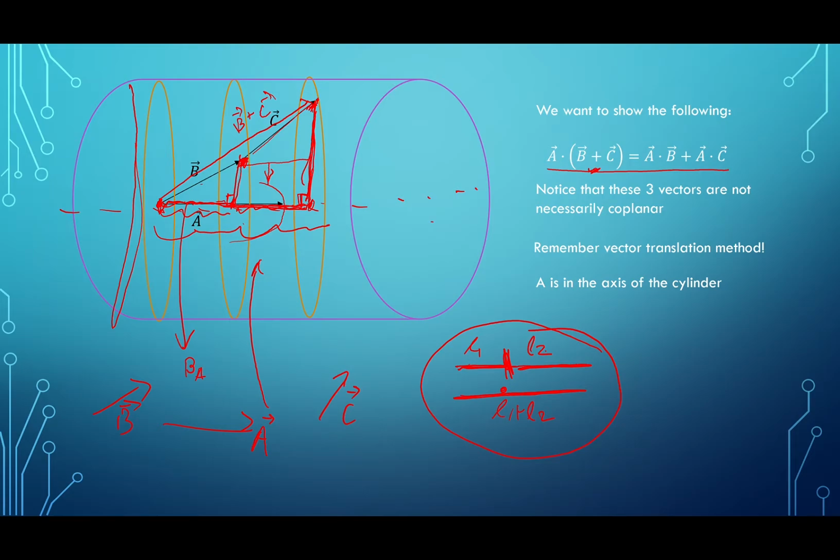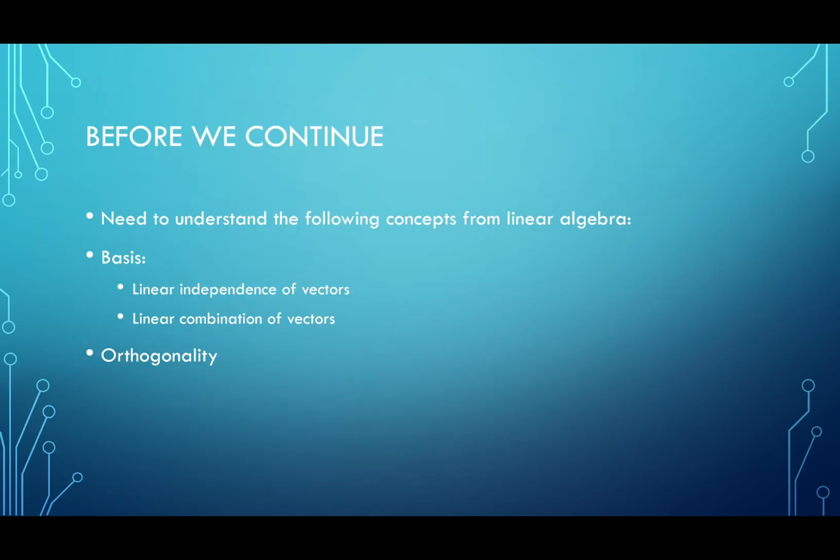So A dot B tells us about the projection of B to A, and A dot C tells us the projection of C to A. Okay. So we haven't completed our proof yet. It's just proving the distributive property of the dot product of vectors.